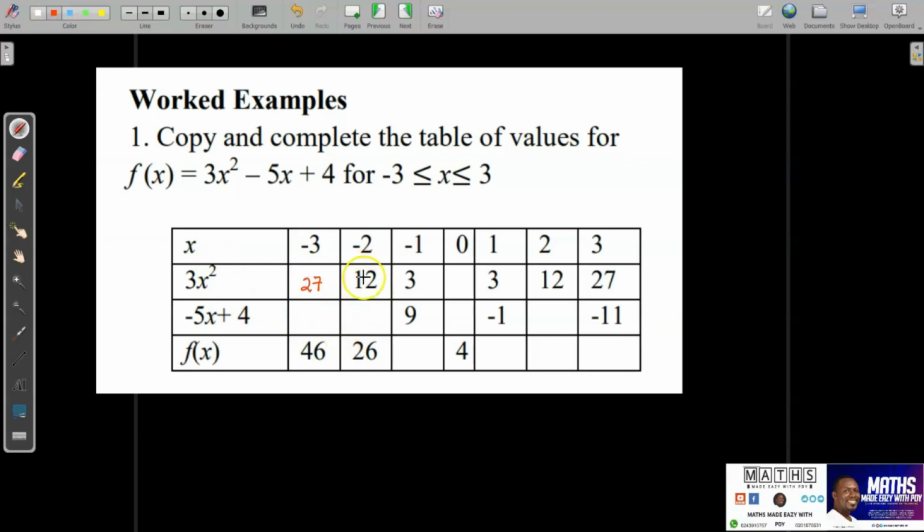Then over here is being solved. Then we come here, 0 substituted, it will be 0 squared times 3, giving us a final answer of 0. Then we come down to the next column. The next column has negative 5x plus 4. So it's going to be negative 5 times negative 3.